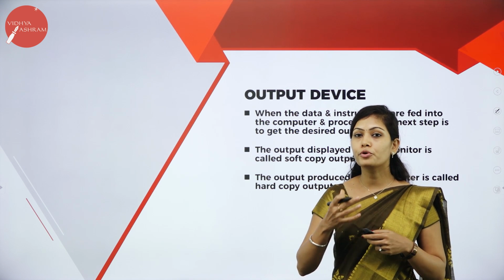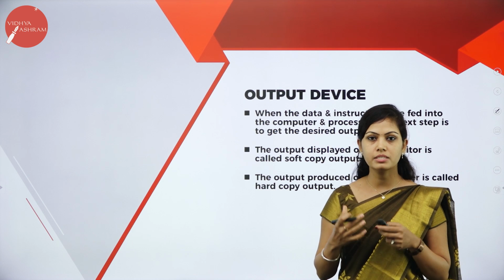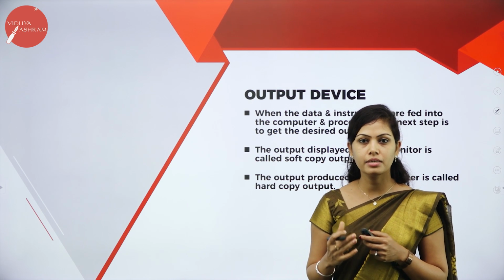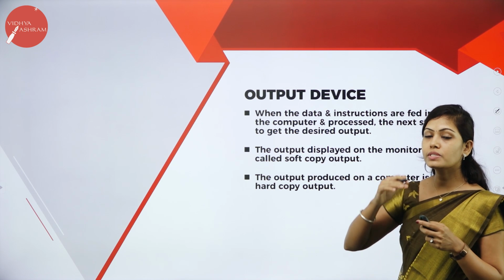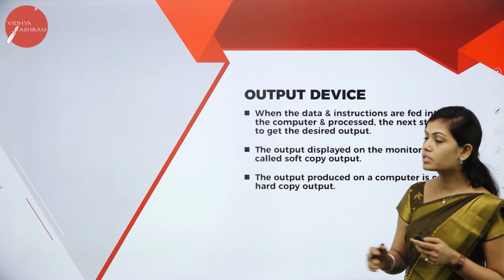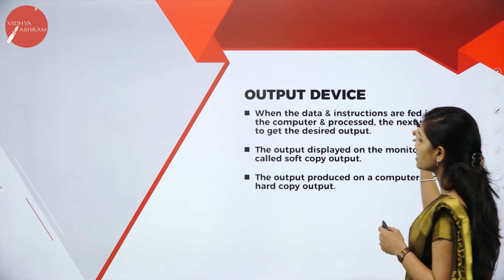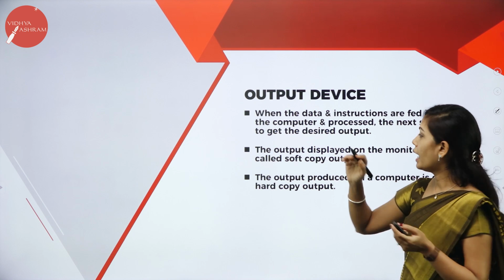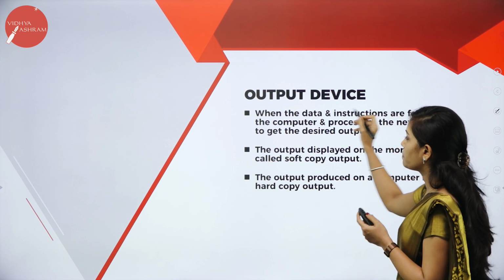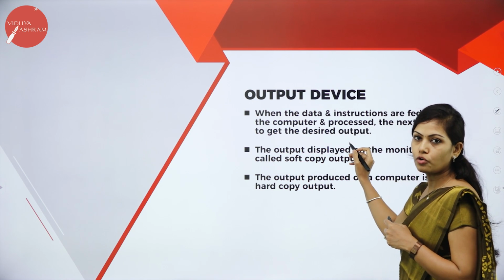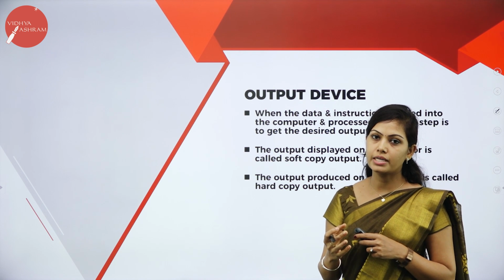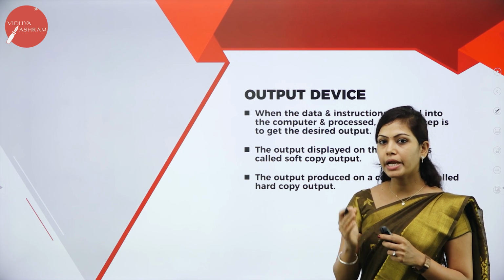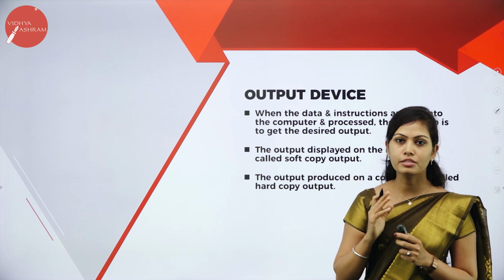The results are produced through output devices called monitor, printer, etc. When the data and instructions are fed into the computer and processed, the next step is to get the desired output. So the results are produced through output devices. The output displayed on the monitor is called soft copy.